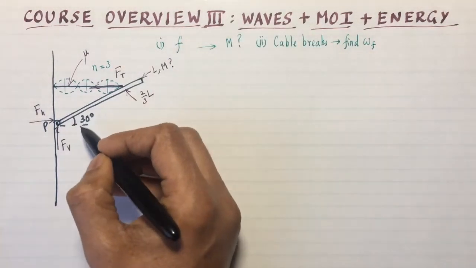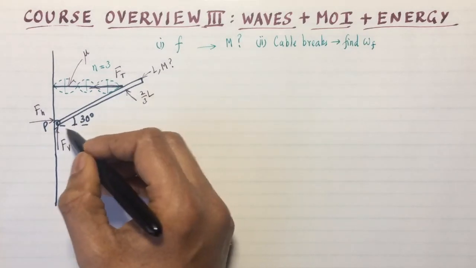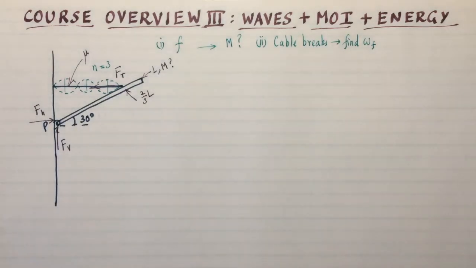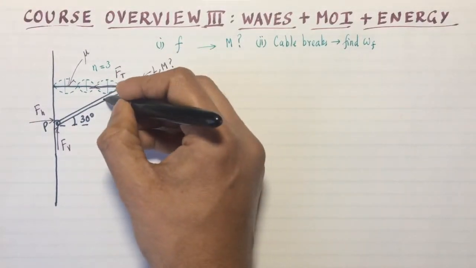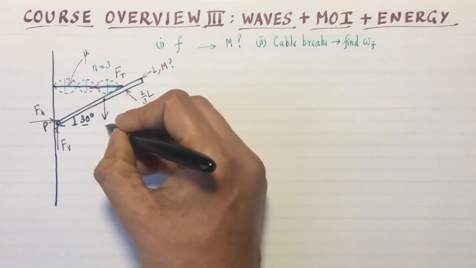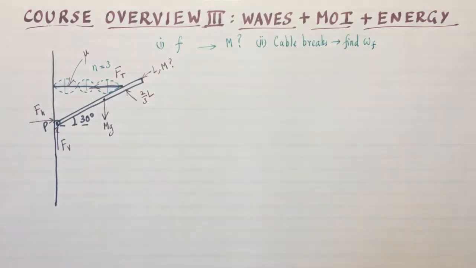A 30-degree angle is the angle made between the flagpole and the horizontal. We have to work this problem backwards. So first of all, because it's a uniform rod, the weight of the rod is going to go right through its center.